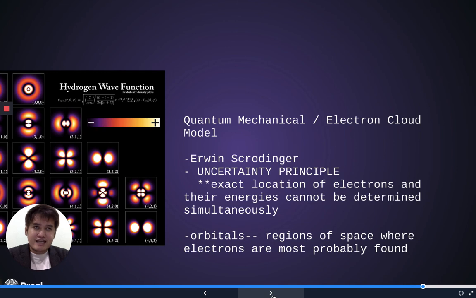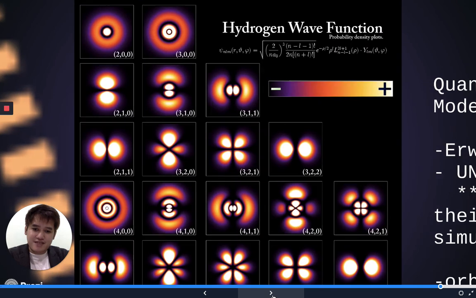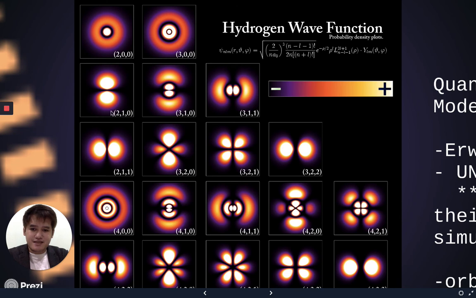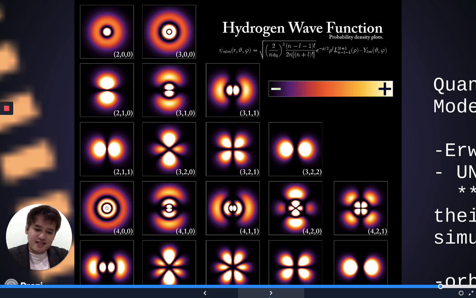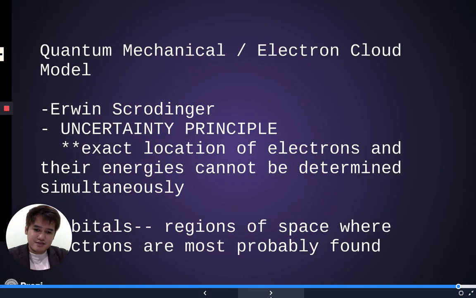It is like the likelihood of finding an electron there. We have different types of orbitals, and I hope you have mastered the s, p, d, f in your junior high. You also talked about quantum numbers. These are some pictures of those orbitals. This is s, and then this is p. The d looks like a clover leaf, and then it gets more complicated as we move to f.